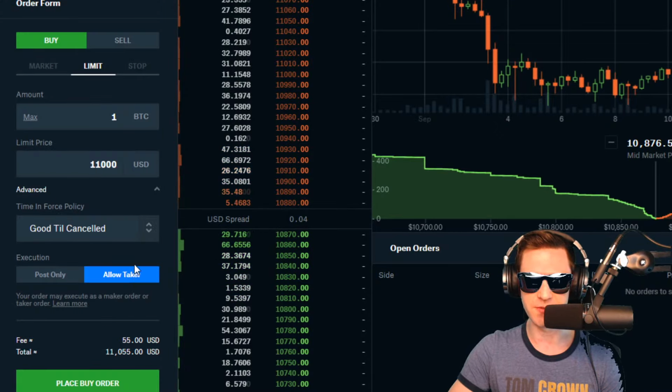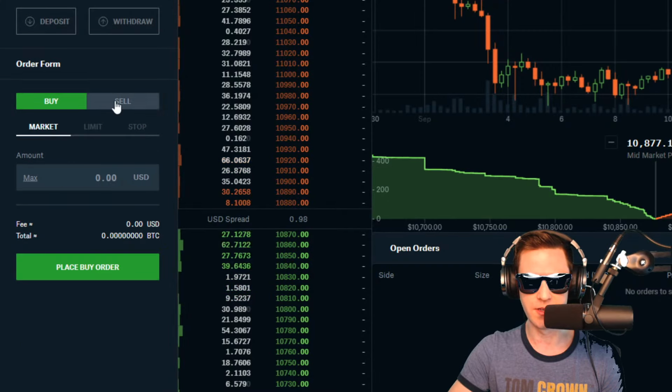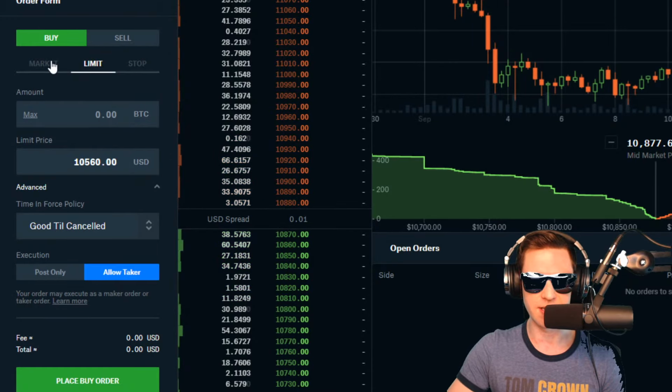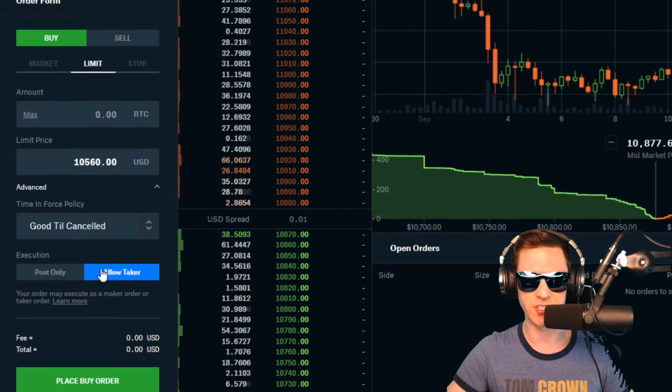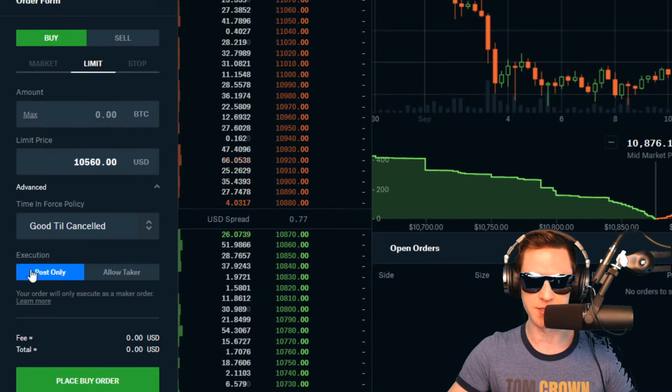Not really that useful, because a limit order is a maker order, not a taker order. A taker order, again, is a market order. To allow taker, I really don't see the point of it. But a lot of people have asked me what this is, and it confuses them and makes them hesitant to set an order because they're not sure what they're selecting. So 99.9% of the time, you want it to be post only.